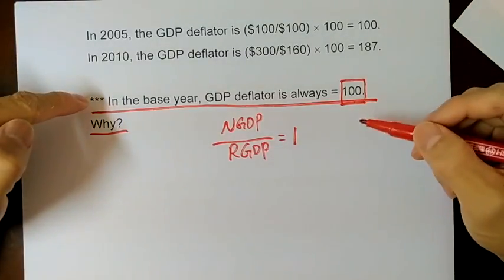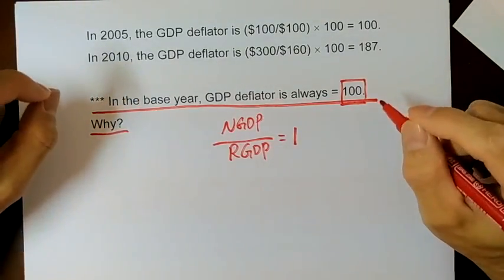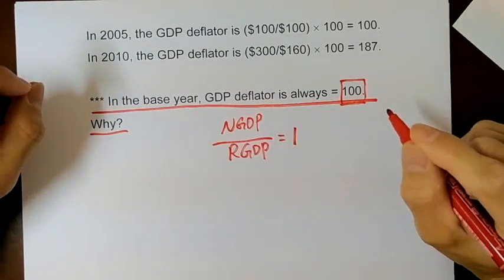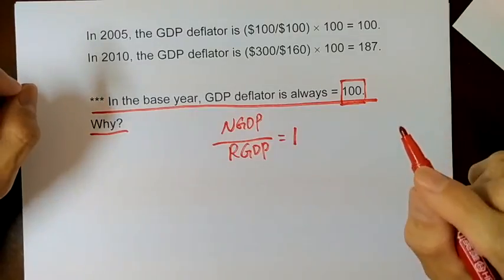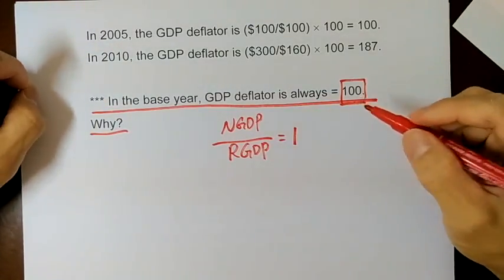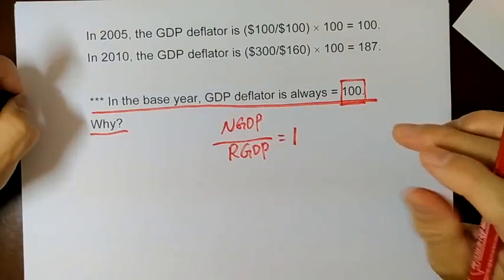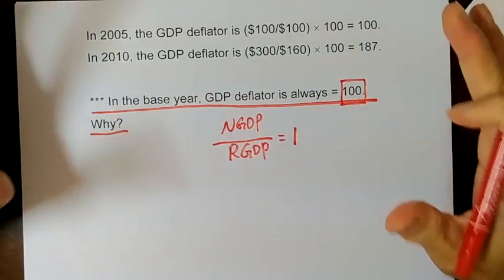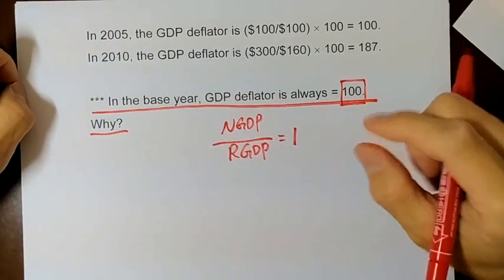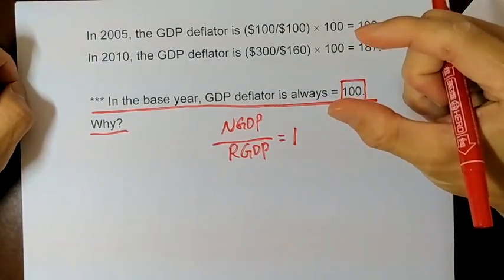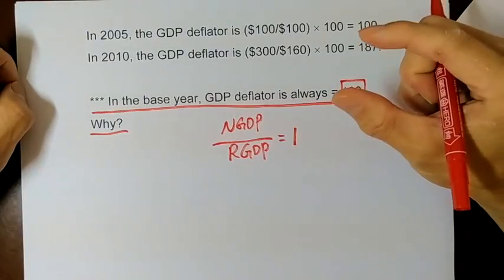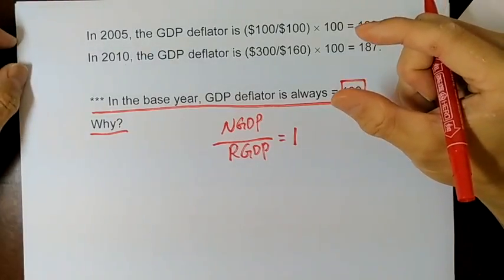So from here, you can see that GDP deflator is an index, right? Any index must have a base value. Say, for example, you are 6 feet and 2 inches tall. What does that mean? You have to define 1 inch is this long, and then you are 6 feet and 2 inches tall.